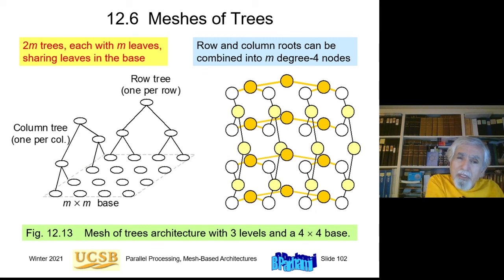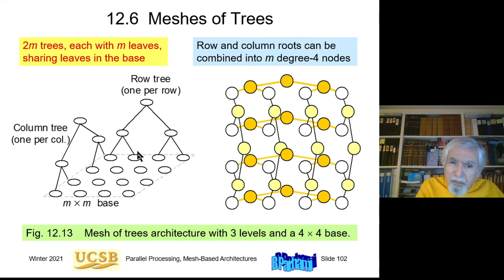Okay, the last architecture that I'll just define for you without going into much detail is mesh of trees. This is really not a mesh. It looks superficially similar to a mesh. It's called mesh of trees because we have a two-dimensional array of processors at the bottom. They are not connected to each other as a mesh. They're just independent processors.